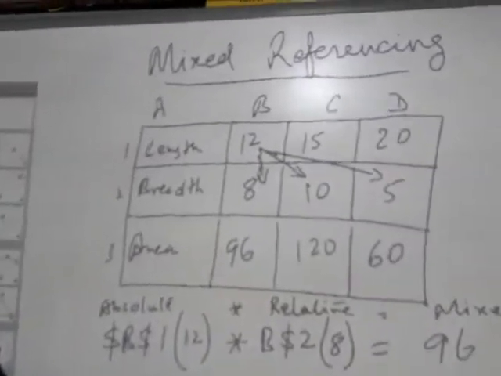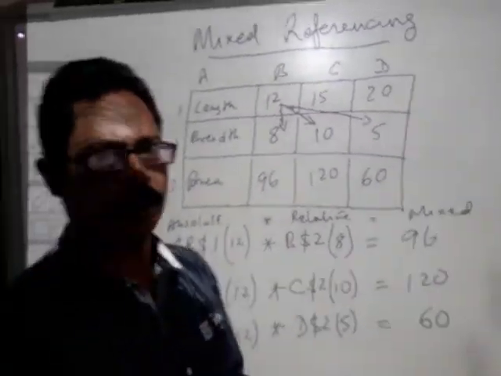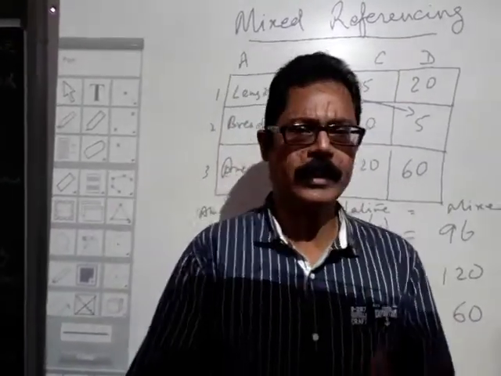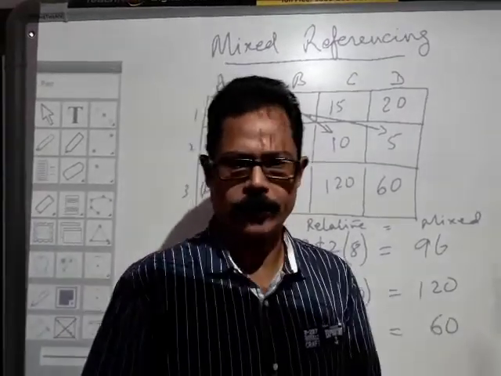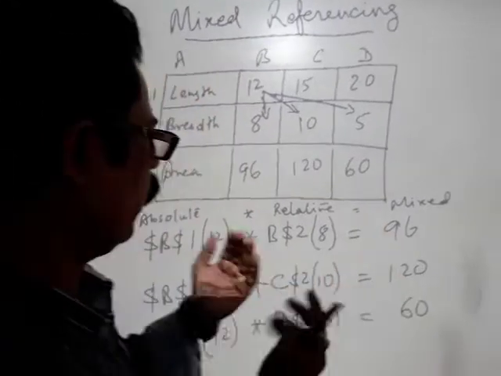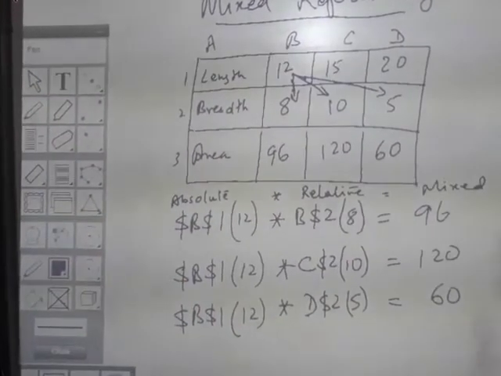Now what is mixed referencing basically? It is a combination of relative referencing and absolute referencing, where one of the cells is kept as absolute while the other is kept as relative. So when we combine them together, it becomes a mixed referencing. Now let us see over here in this case.